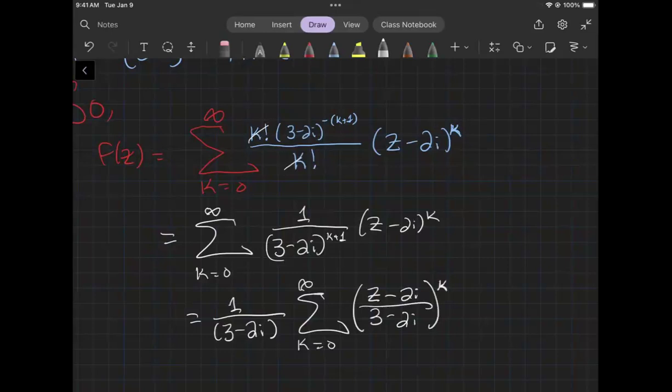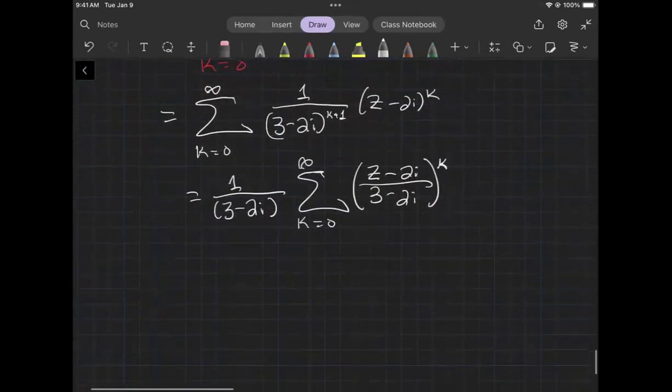All right. And so this is a geometric series.